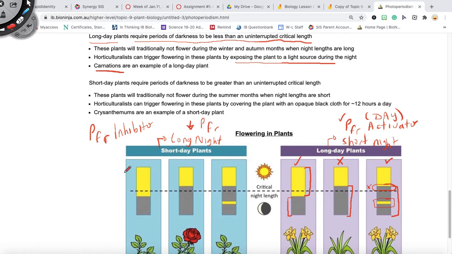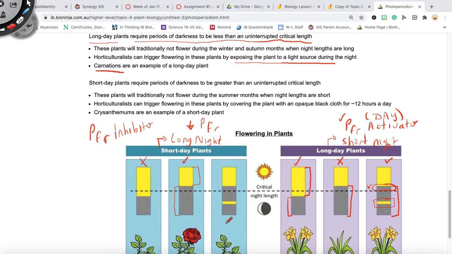So let's see what's happening with these short day plants. Notice that they will only bloom during short days. So here is the short day and here's the long night. So because there's a long night here, you've decreased the levels of PFR. So now this plant can bloom because there's low levels of that inhibitor. They won't bloom when there are long days, right? Because there's too much PFR, too much inhibitor. So they won't bloom there.